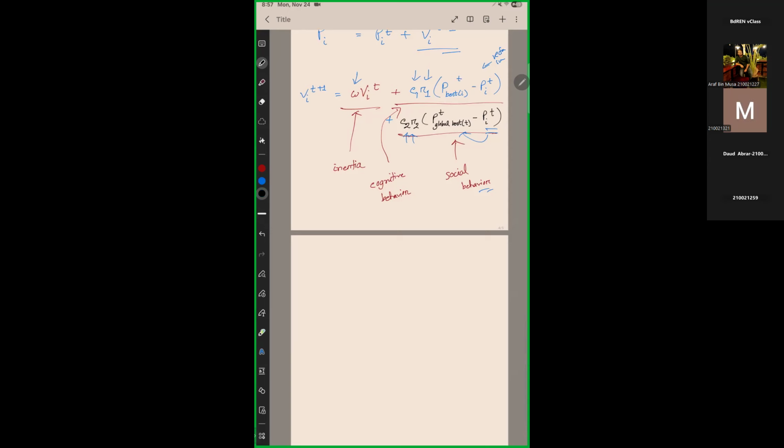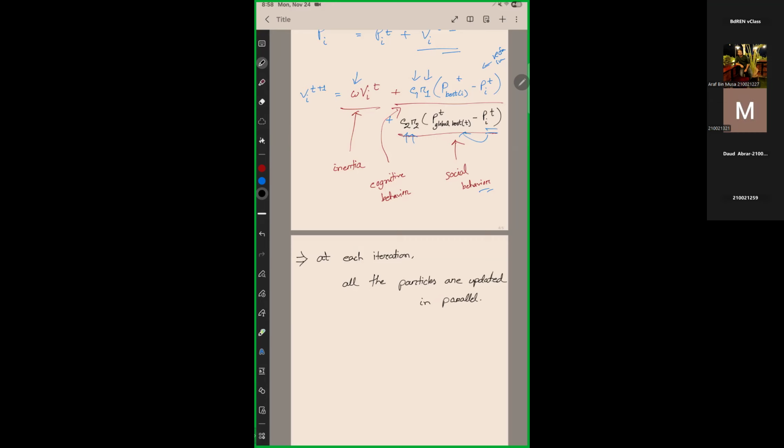Let's see. At each iteration, all the particles are updated in parallel.